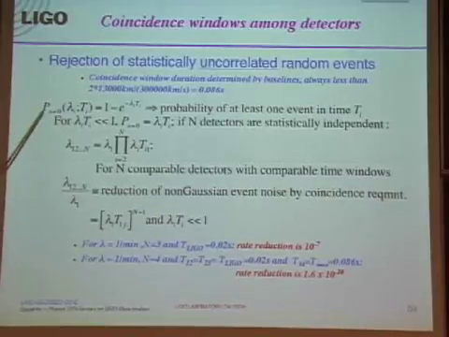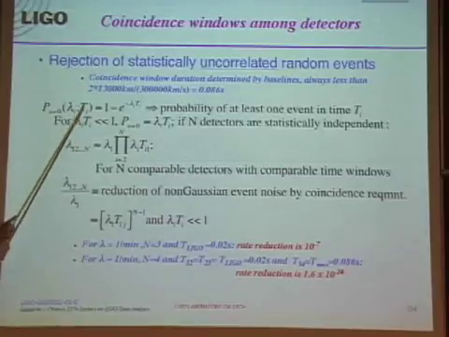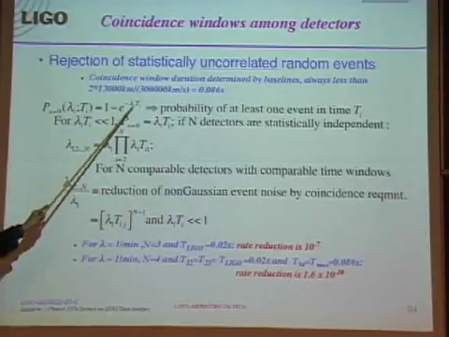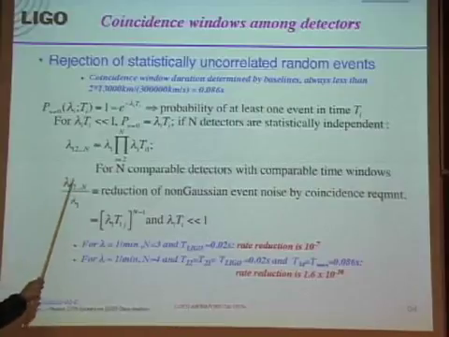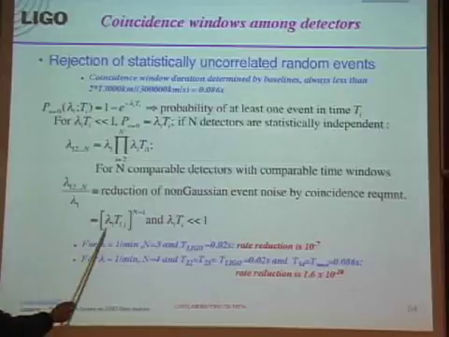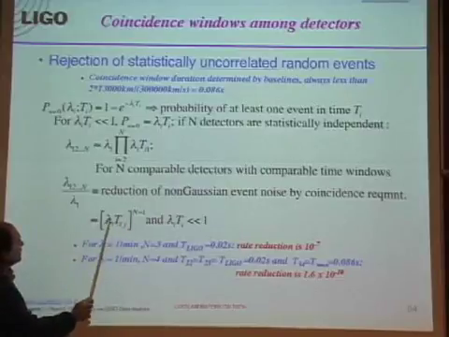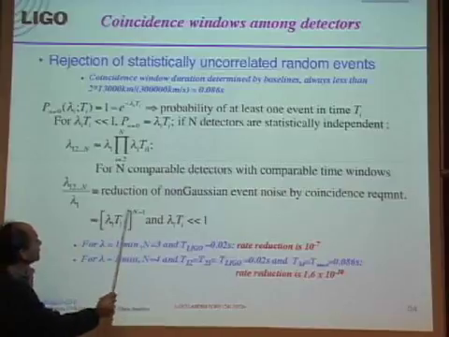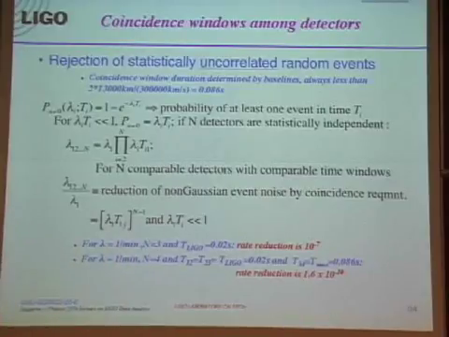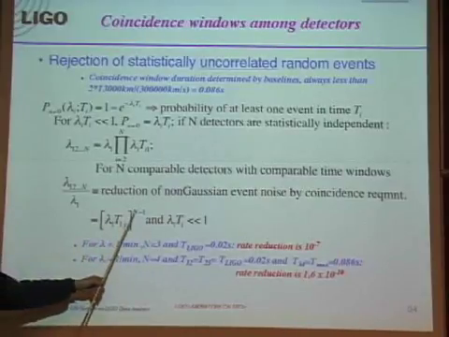And then if you ask what the effective coincidence rate is, if you have n detectors, each of which has a one-sided event rate of lambda, then if you have n comparable detectors, what you find is that the effective data rate for n coincidences, normalized to 1, is a power of a small number that's equal to the n-1 sites that you're observing from.